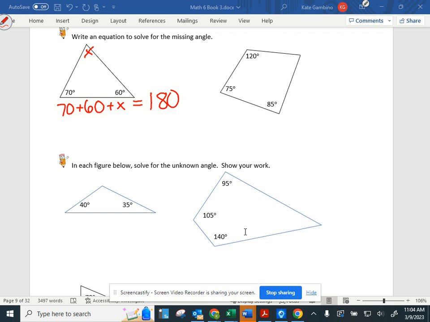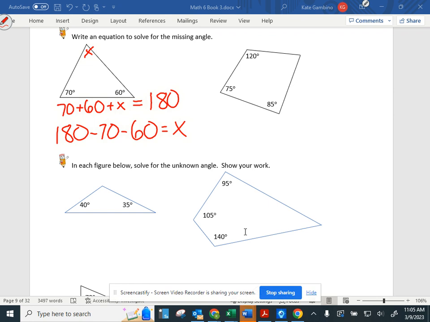There's another way we could write an equation. We could say, okay, if we have 180 minus 70 minus 60, that's going to give us x. What was that, Jillian? That's not how I do it. I did it. Is there different ways to do math? Yes. What way did you do it to solve it?